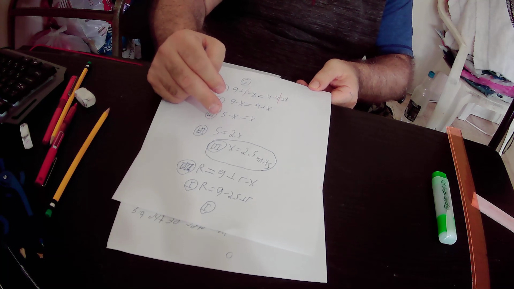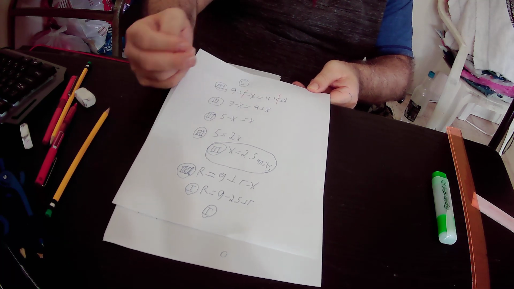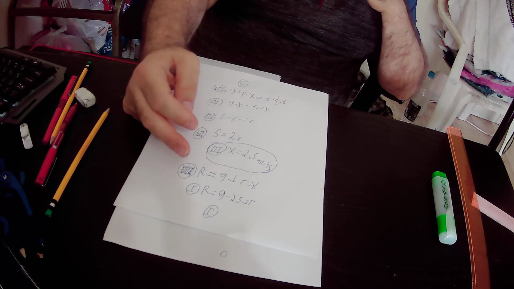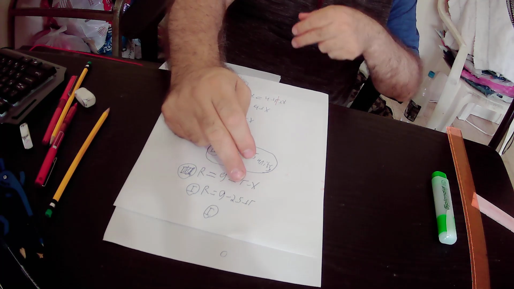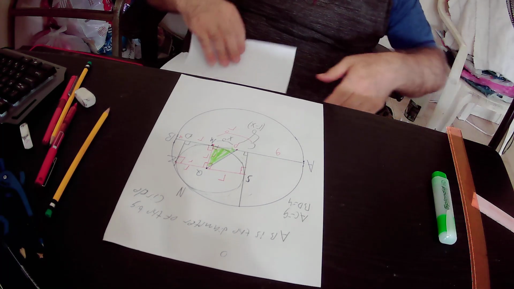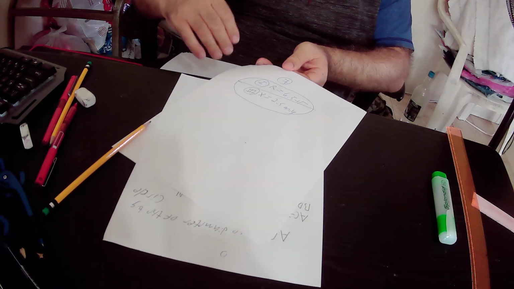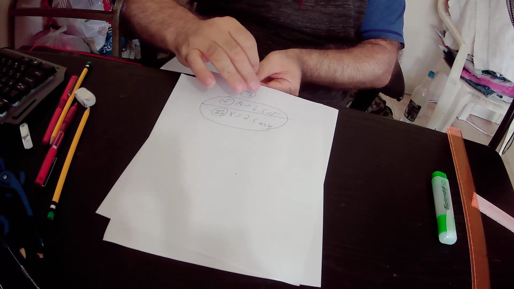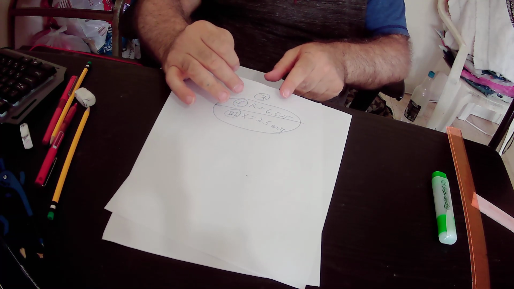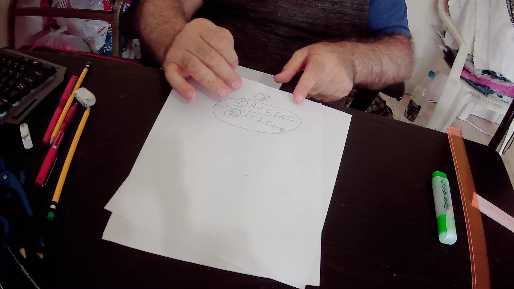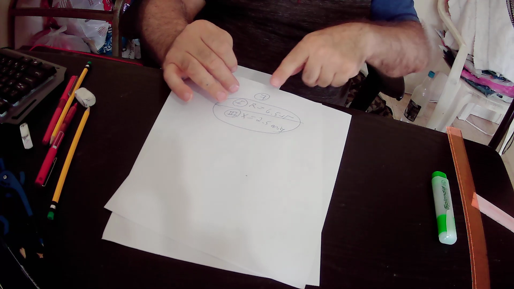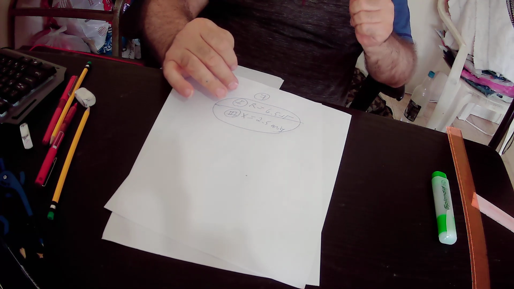So according to equation number 1, the radius of the big circle equals 9 minus 2.5 plus r, or the radius of the big circle, after we know the value of x, equals 6.5 plus small r, and the value of x is 2.5 units.